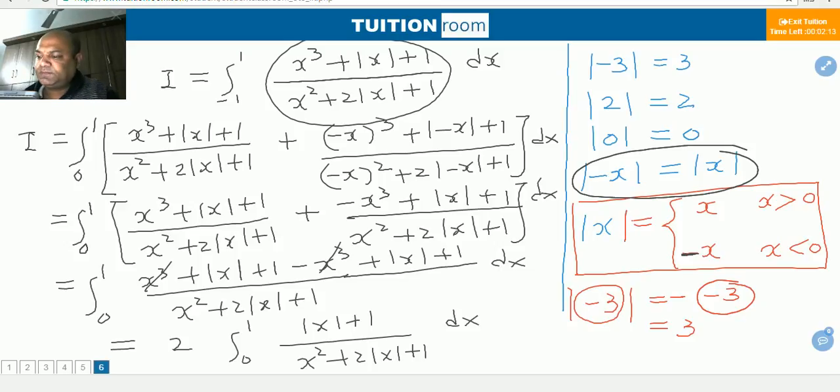Once x is positive, we can remove the modulus sign. From 0 to 1, we can write it as x plus 1. It gets cancelled.